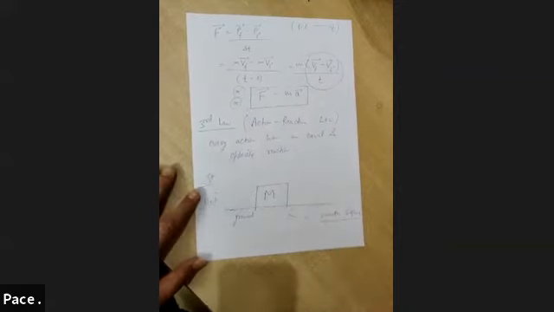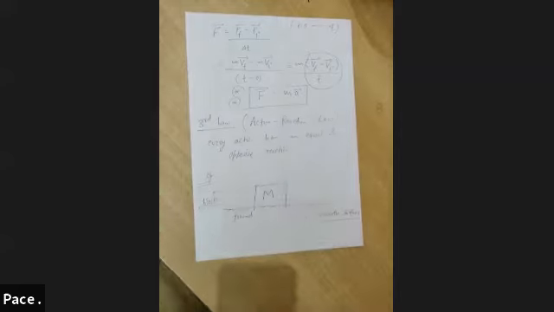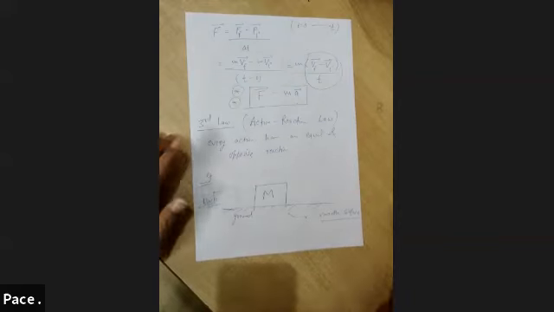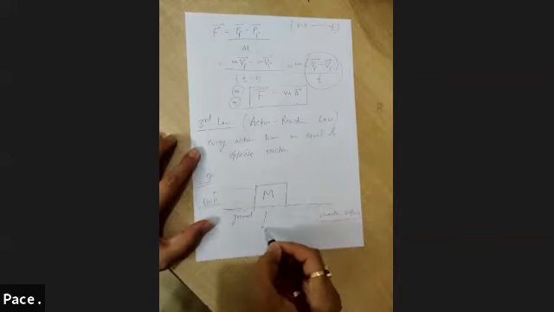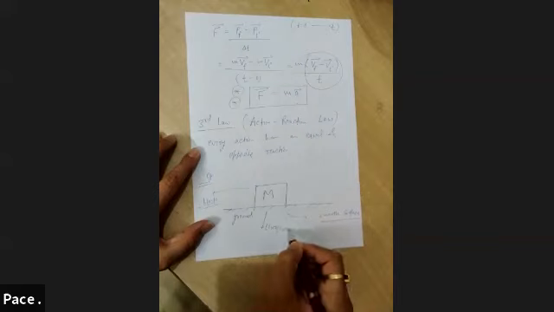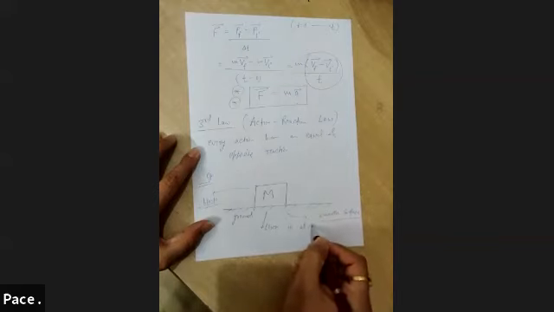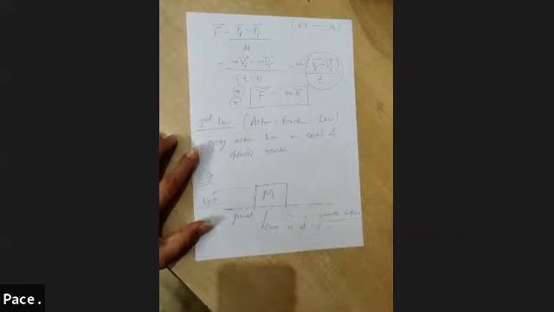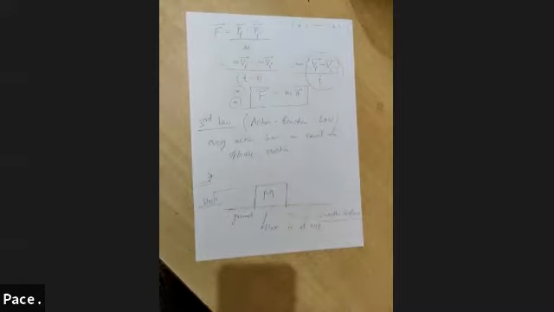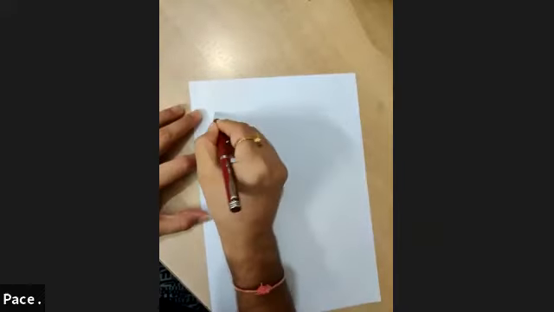So there is a block of mass m placed on a smooth surface, perfectly smooth surface. There is no frictional force, and this block m is at rest. I'm drawing the same here.